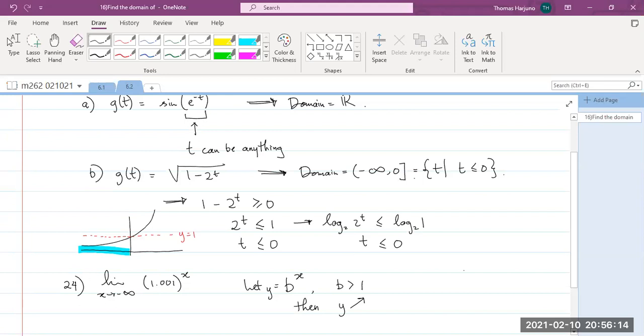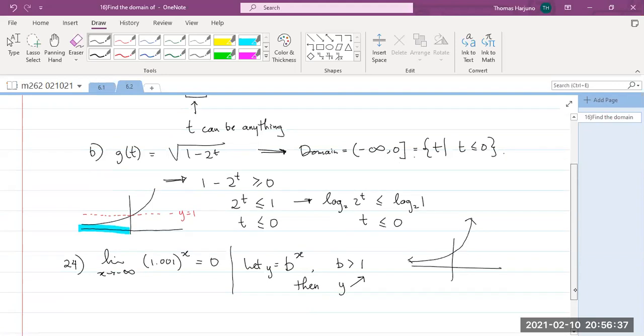In fact, the graph looks like this. But when you approach negative infinity, it goes to 0 instead. Is it okay?